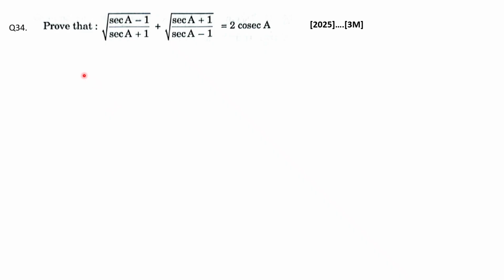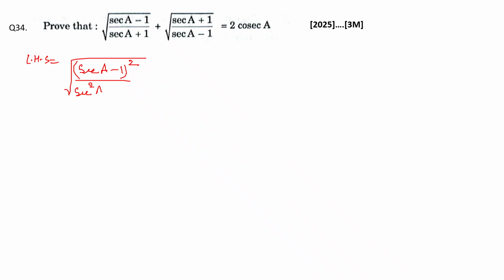Question number 34. Prove that root of (sec A minus 1 by sec A plus 1) plus root of (sec A plus 1 by sec A minus 1) is 2 cosec A. So here also you have to rationalize it. In the first half, sec A minus 1 by sec A plus 1, multiply both numerator and denominator with sec A minus 1. So it will become (sec A minus 1) whole square, and the denominator will come in the form of a plus b, a minus b.